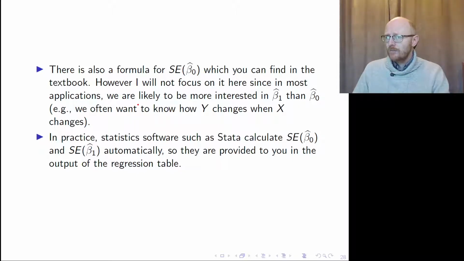Okay, in practice you don't need to actually remember this, but it's nice to know. In practice, statistics software will calculate this for you.